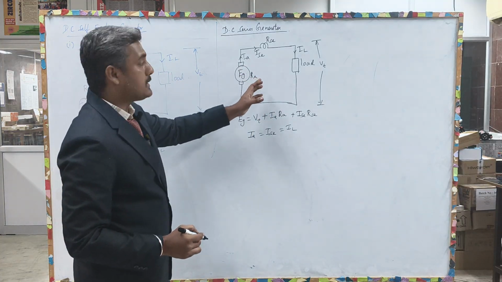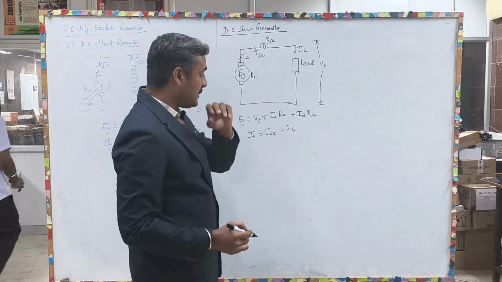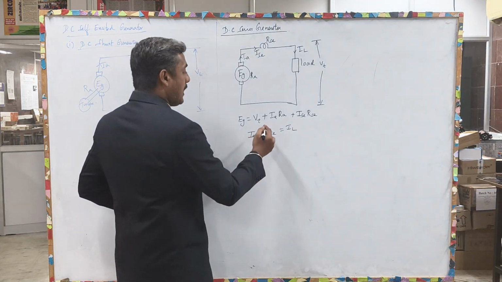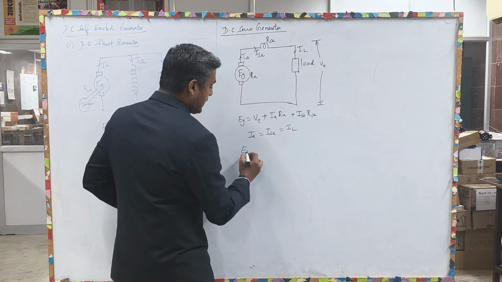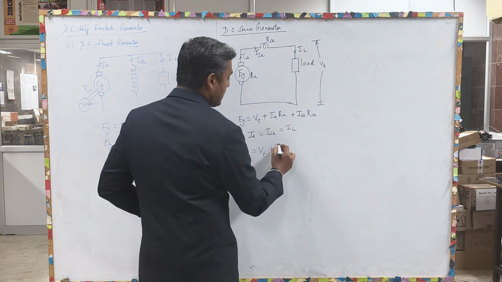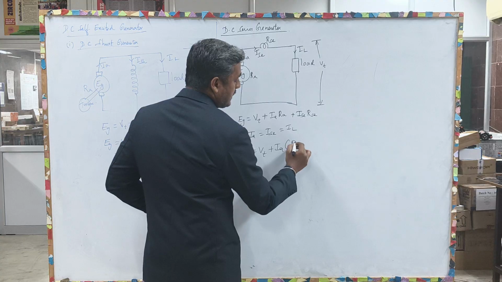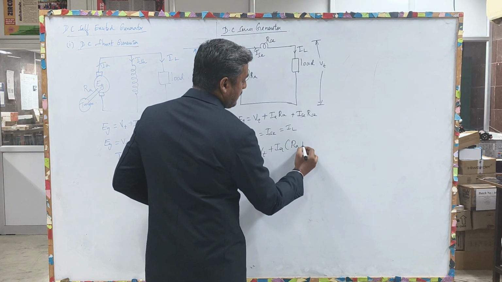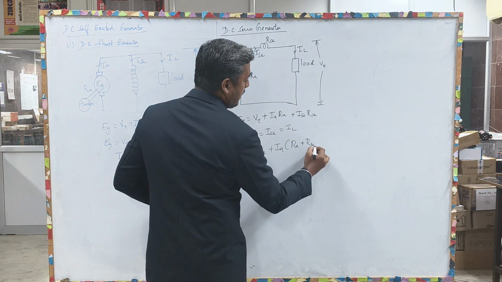Now you can replace it like this: EG equal to VT plus IA into RA plus RSE.